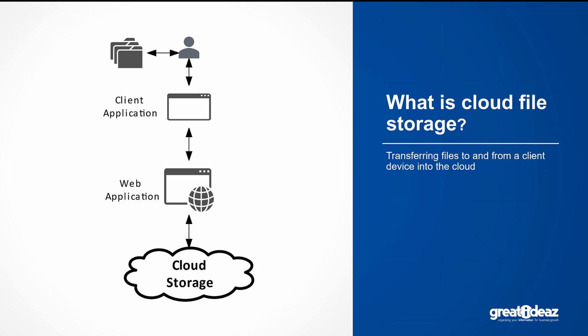Within that web API, we implement a set of standards and best practices to make sure that the quality of the files being stored in the cloud storage is protected and is having appropriate security policies applied to those files as they are uploaded and downloaded to our client applications.